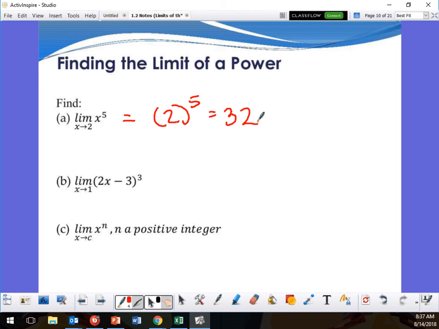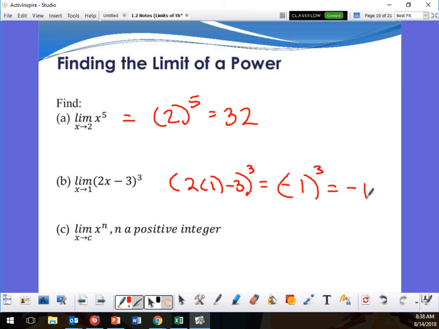Okay, what am I doing for this one? So it is 2 times (1 minus 3) to the 3rd, which comes out to be -1 to the 3rd power, which is -1.